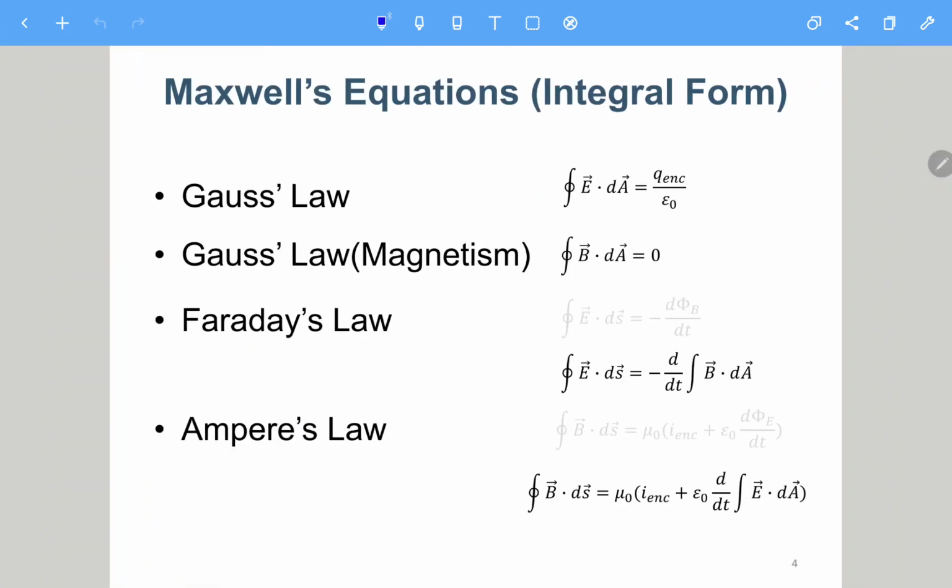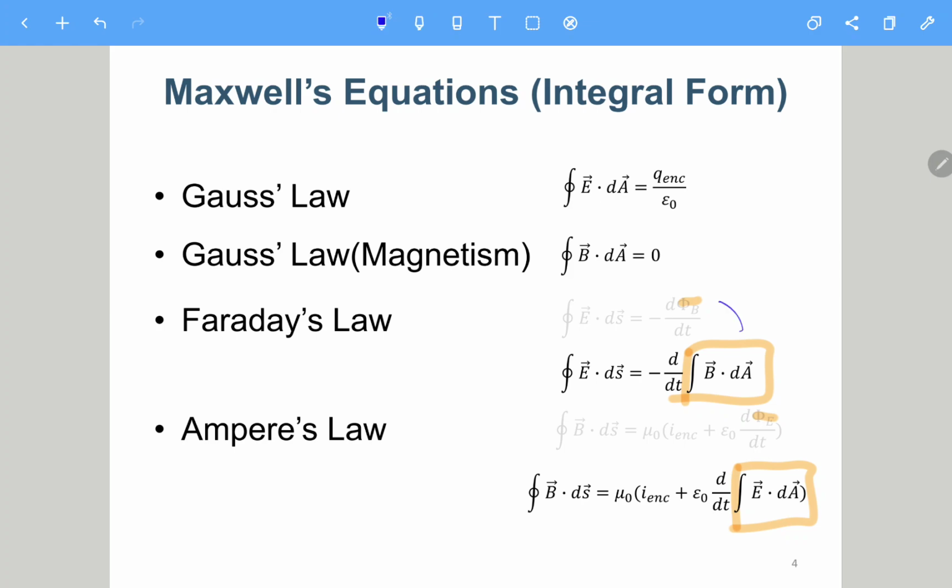Here, we try to change some of the notation. First of all, we will change this phi B back to an integral form. This is nothing special. Similarly, this phi E, we also change back to an integral form.